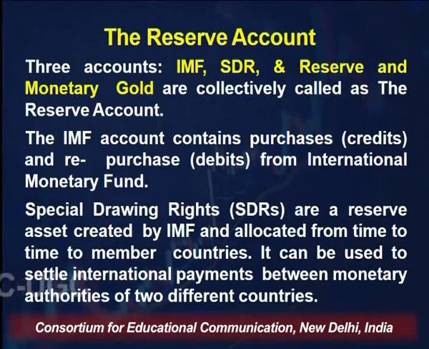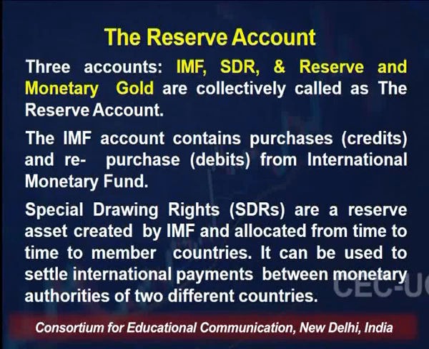Now in the present international financial situation, reserves are the first line of defense against volatile capital flows. However, the decline in reserves as a percentage of GDP is a source of concern. Then next is the reserve account, and three accounts, the IMF account, SDR, and reserves and monetary gold, are collectively called the reserve account.